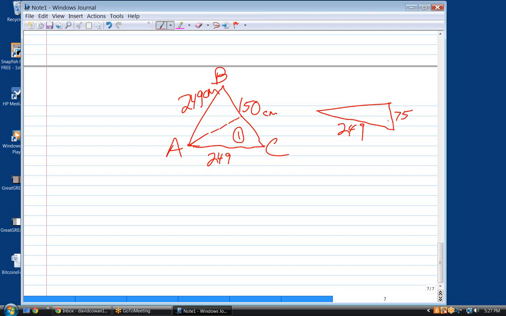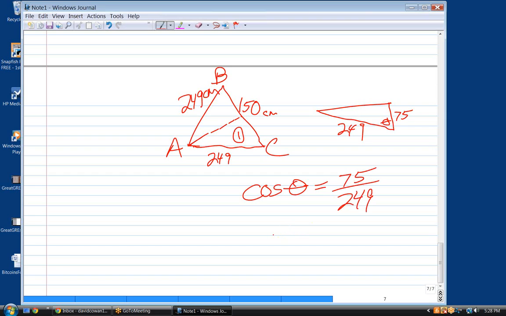So if I wanted this angle, which will be a good start for solving the angles here, what trig function will give me that angle? Cosine. Cosine of theta is equal to the adjacent over the hypotenuse, 75 over 249.